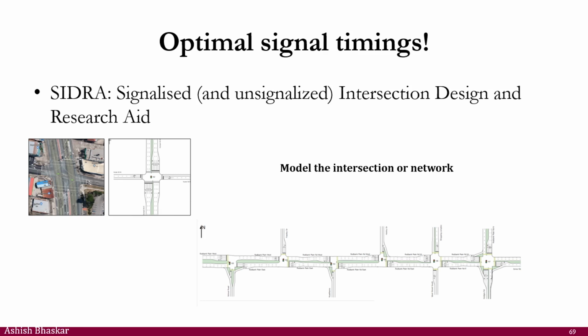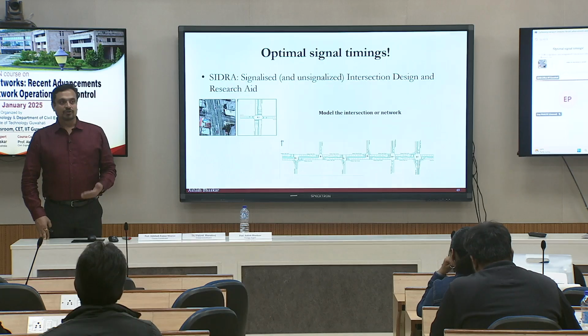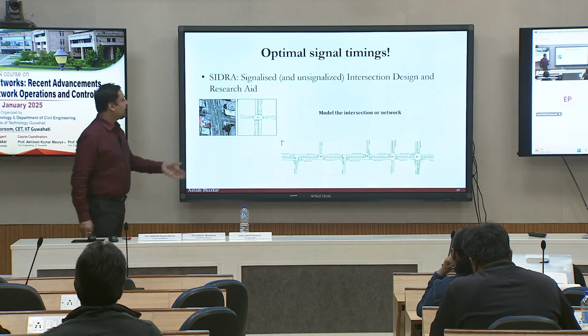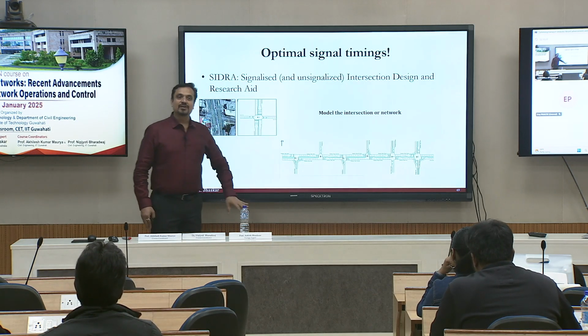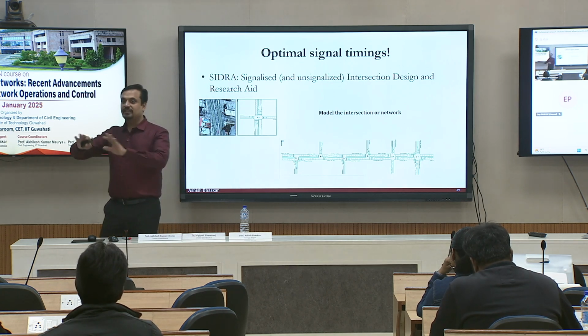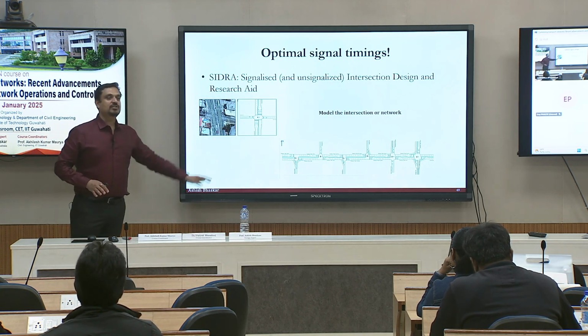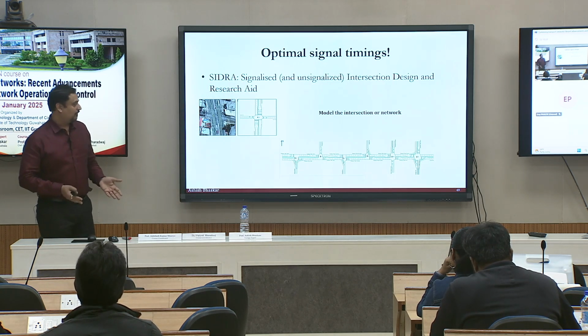Say I want to add a slip lane, then as part of the business case, you have to show what impact that slip lane can have. So you do your engineering analysis by doing those modifications. If I want to change my signal plans, you do the analysis to show what impact it will have.